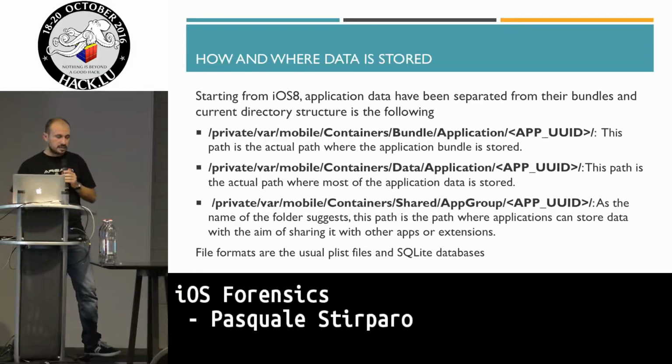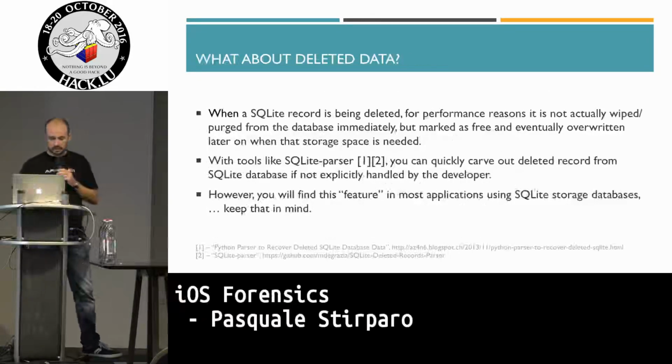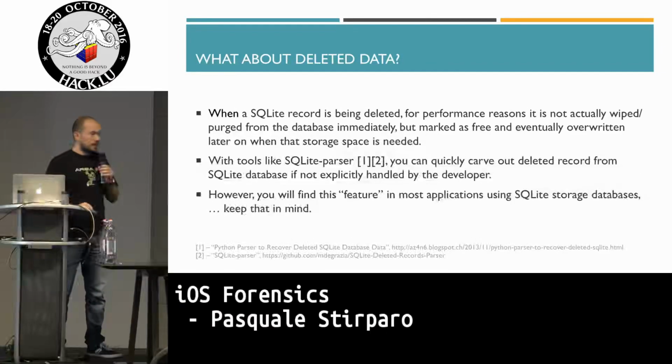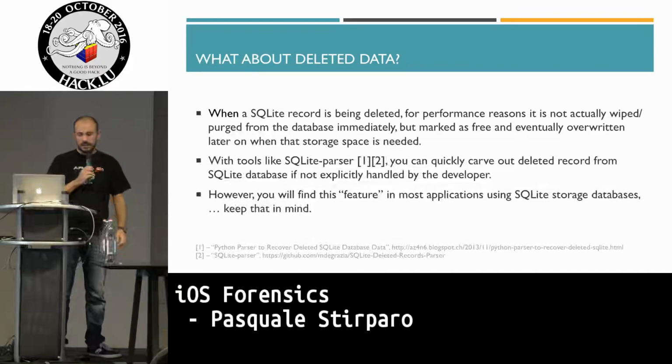File formats are the usual in the Apple environment: plists for configuration files, and the data are almost all the time stored in SQLite databases. An important thing to remember when analyzing mobile applications and SQLite databases is that when you delete data, for example a conversation from WhatsApp or whatever other application, it is not really deleted.